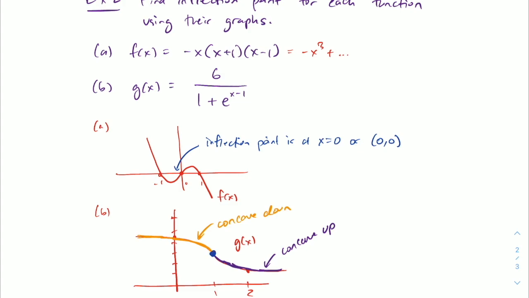That's the point 1, 3. Let's move that g of x out of the way. So the inflection point is at x equals 1, or you could say it's the point 1, 3.